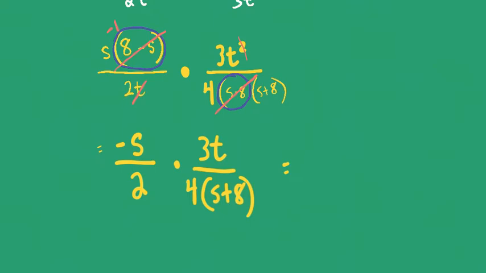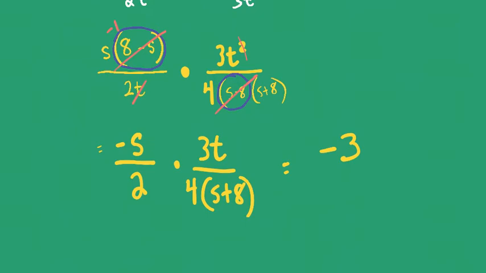Then we can go ahead and multiply straight across. Be careful, that thing I mentioned before about having an s and then an s plus 8. Be careful you don't cancel those s's. The s plus 8 only cancels with s plus 8, or 8 minus s if you want to make a -1 out of it. But otherwise, on top, -s times 3t, it's -3. We typically put the number out front when you're multiplying these.